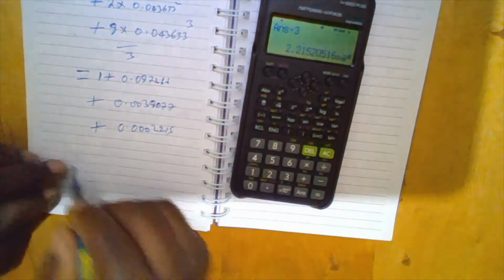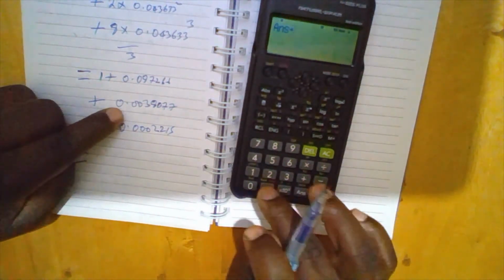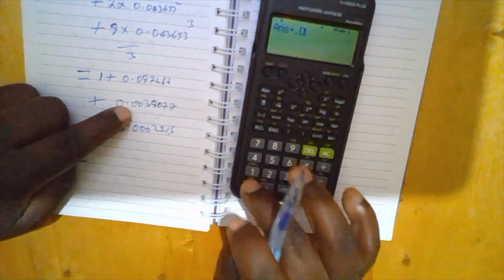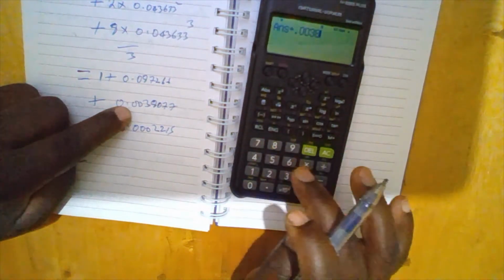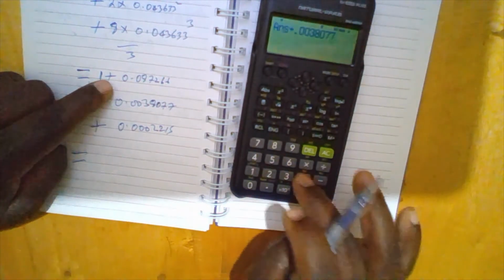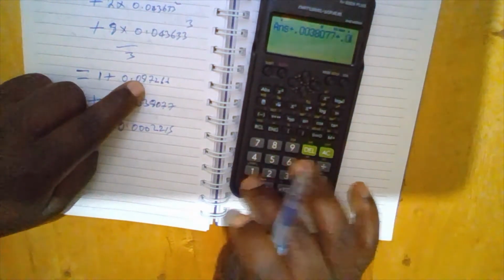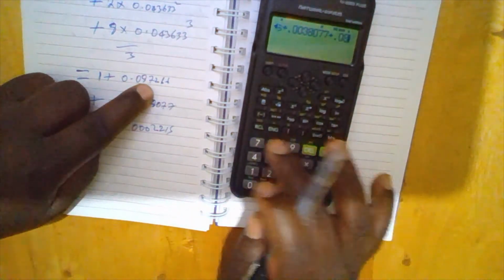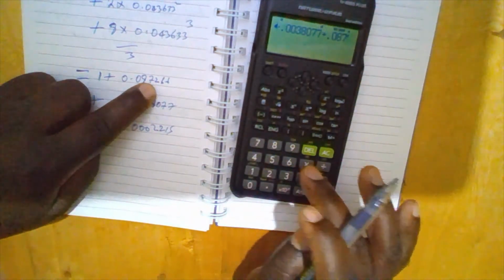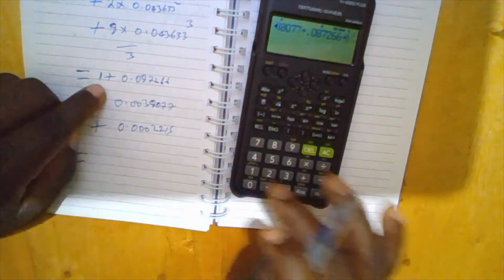Then we can add all of them: 0.0002215 plus 0.0038077 plus 0.087266 plus 1.